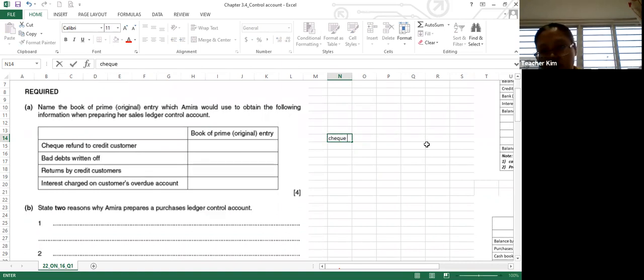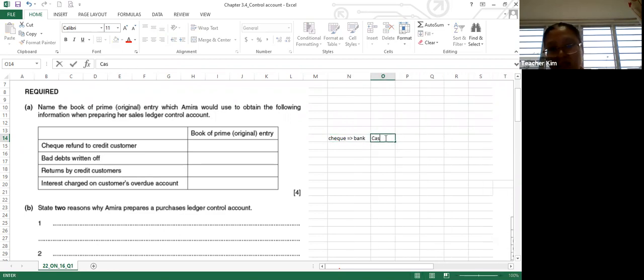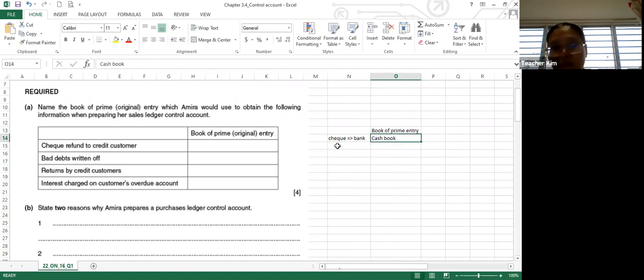Here, bank is under the cash. So the book of prime entry is the cash book.